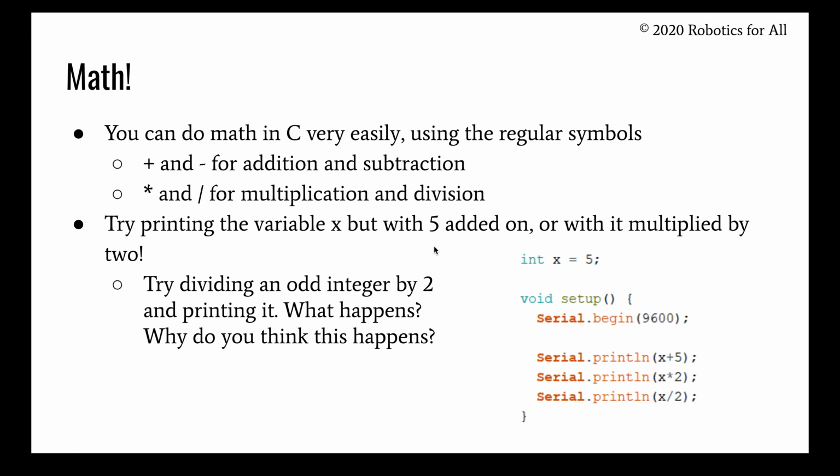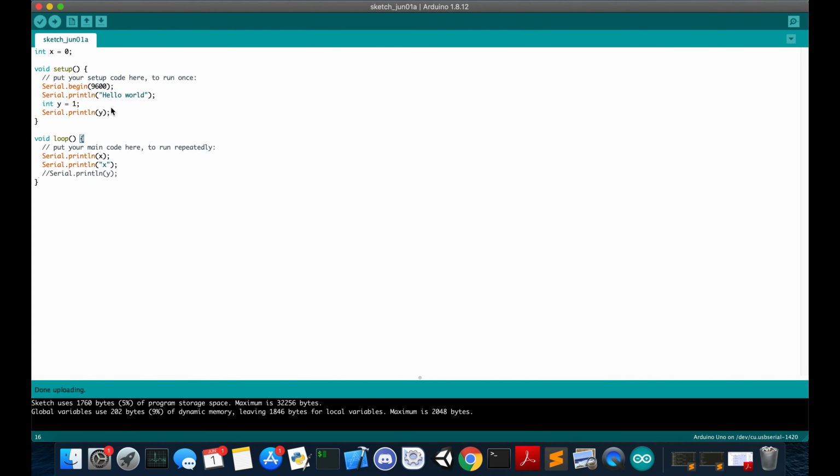So another thing you could do with Arduino is basic math. You could do addition, subtraction, multiplication, and division. So if you go to the setup function, you could try print, say 3 times 7, and also you could try 4 plus 2.